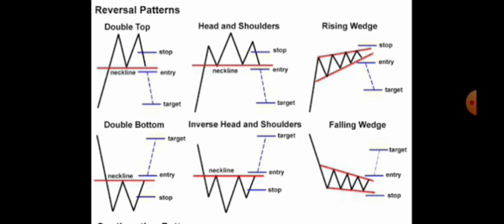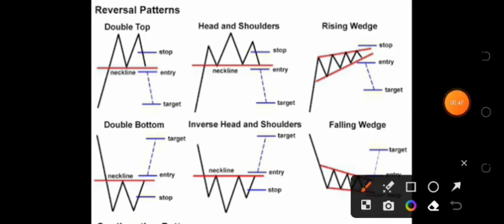For example, if you see such a pattern during a bullish market, it indicates that the price will start dropping downward. And when you see such a pattern in a bearish market, it indicates that the price will definitely rise up. So let me show you what the bullish reversal patterns and the bearish reversal patterns are.